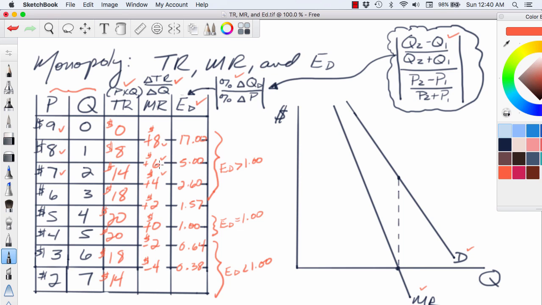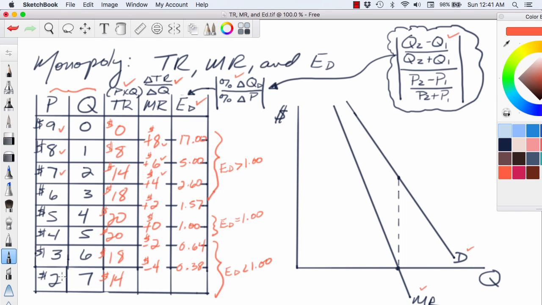Well, our MR has to be positive. It goes up. So if total revenue is increasing, MR has to be positive, but that correlates with a very positive, a very large ED. The ED is 5 times greater than 1, which means the buyers are extremely price sensitive. Extremely price sensitive.